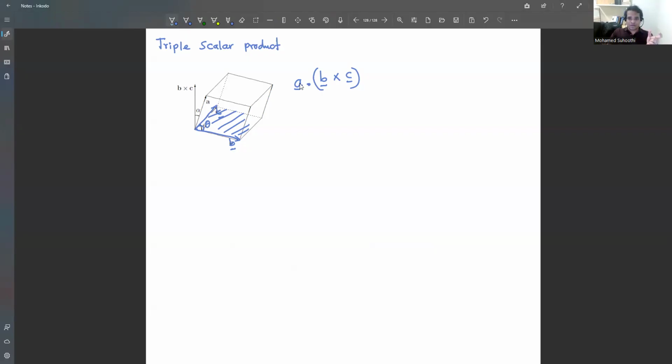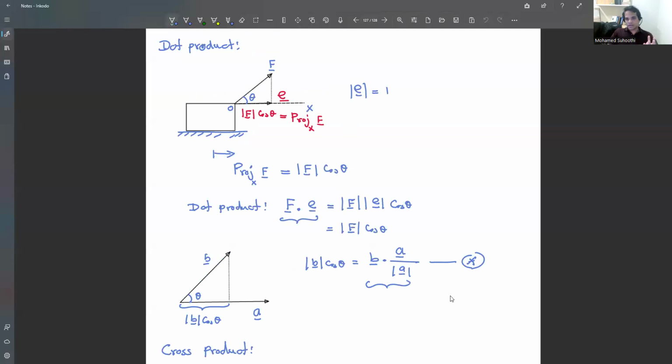If it is not a unit vector, it is not giving exactly b cos theta, but it's giving a vector along that direction. But again, the dot product is the projection of one vector onto another.